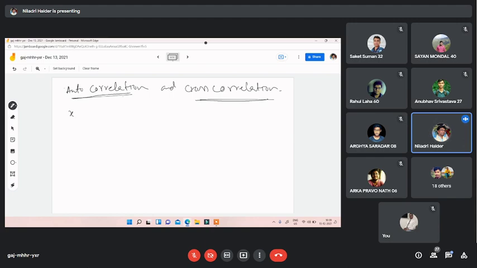suppose x(n) is given with values like x(-2), x(-1), x(0), x(1), x(2), x(3). Okay, that x(n) is given. If you need to check the characteristics of x(n) by using the autocorrelation method, then first from x(n) you have to calculate x(-n) simply.